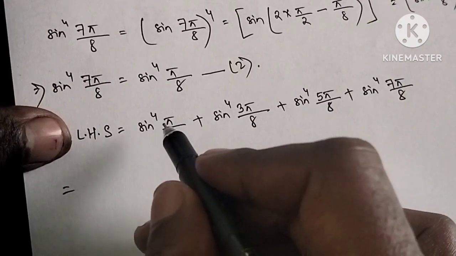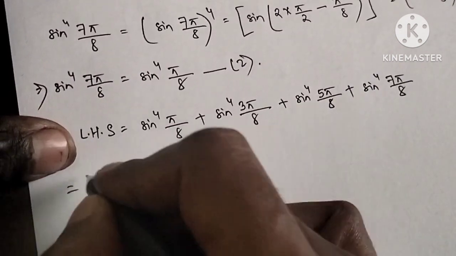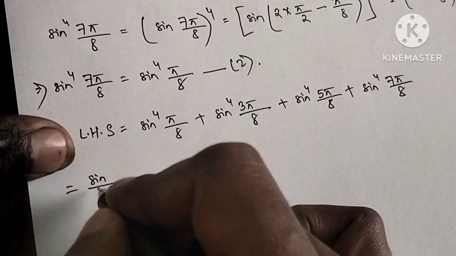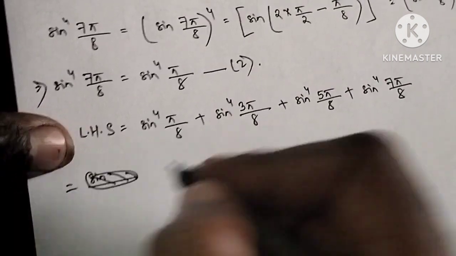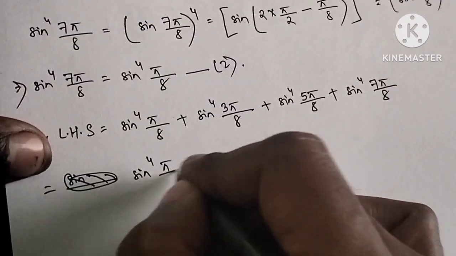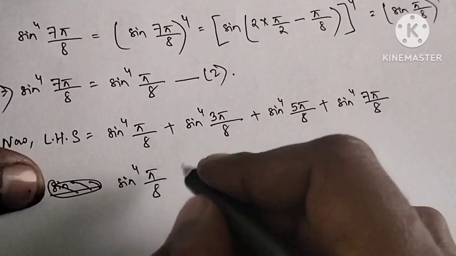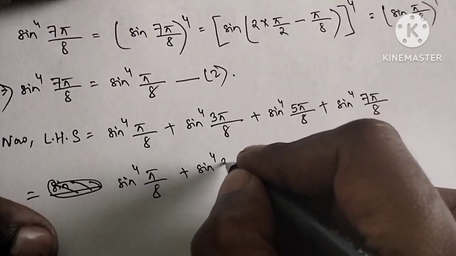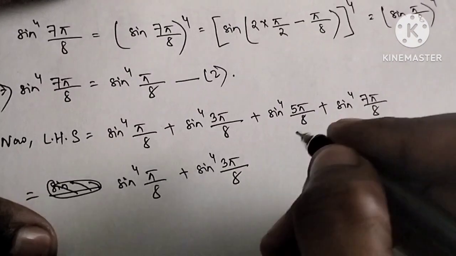Sine to the power 4 pi by 8 I am writing in this way only, plus sine to the power 4 3 pi by 8.